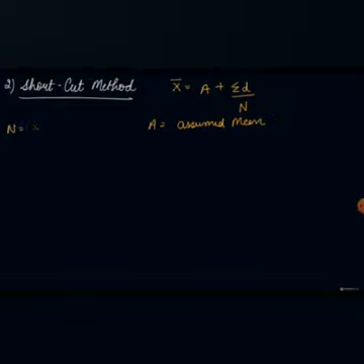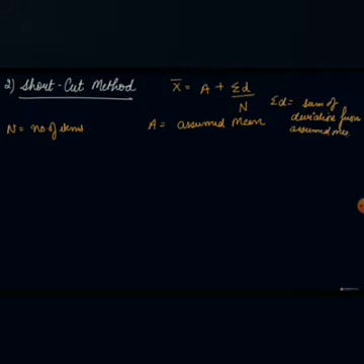Your shortcut method means X bar, the arithmetic mean, is A plus summation D divided by N. Here A is your assumed mean, N is your number of items, and summation D is the sum of deviations from the assumed mean.